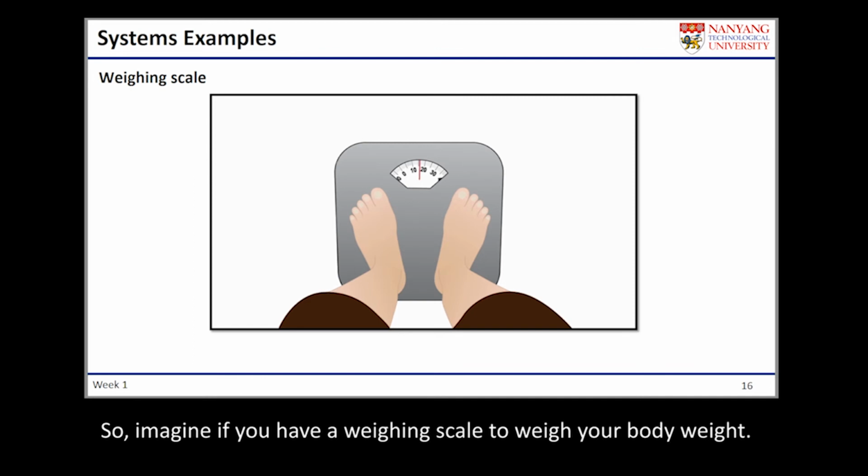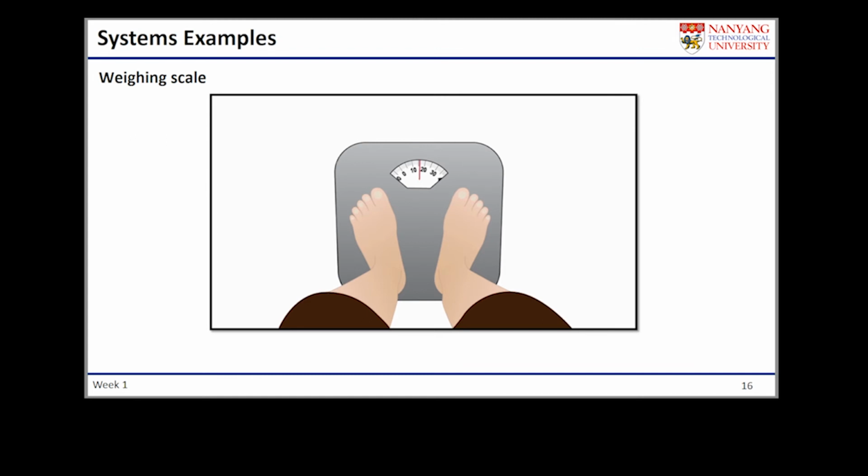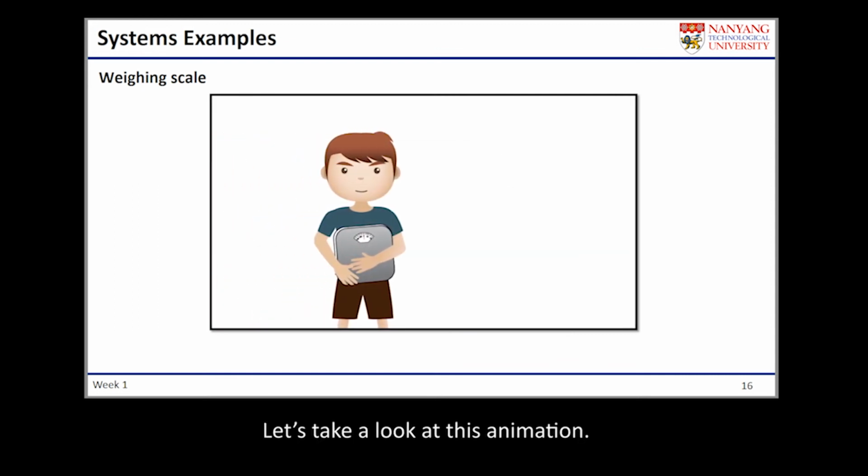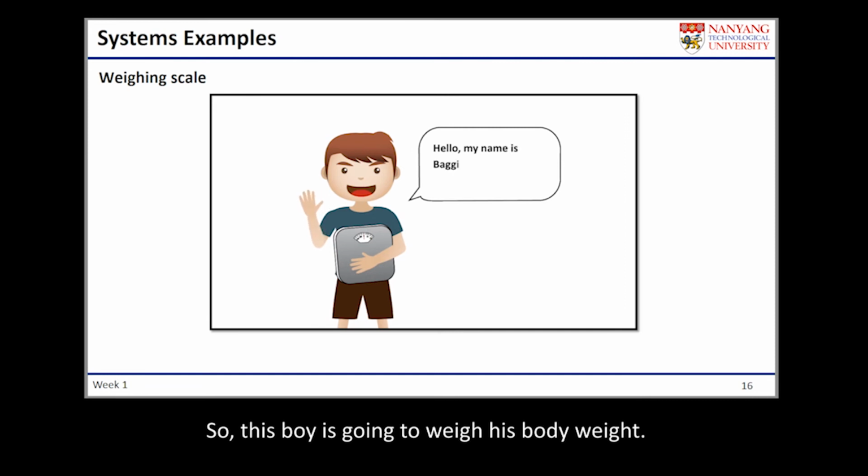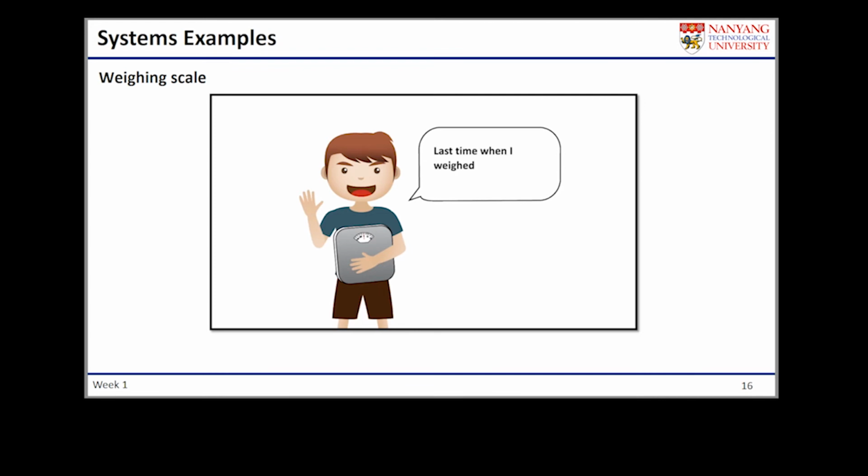Imagine you have a weighing scale to weigh your body weight. So what will happen here? There is a kid here. This kid is trying to weigh his own body weight. Let's take a look at this animation. So this boy is going to weigh his body weight.